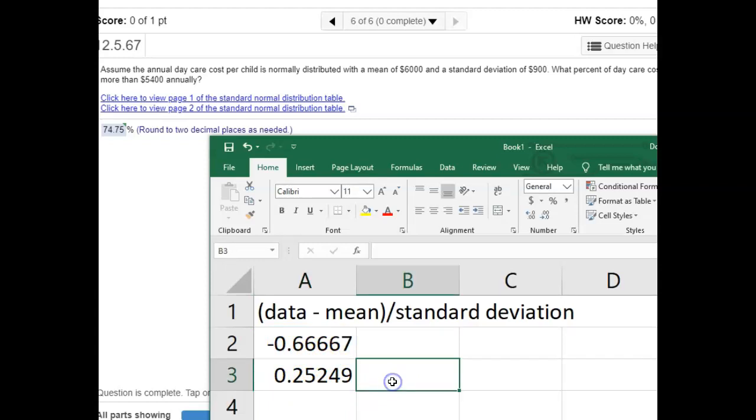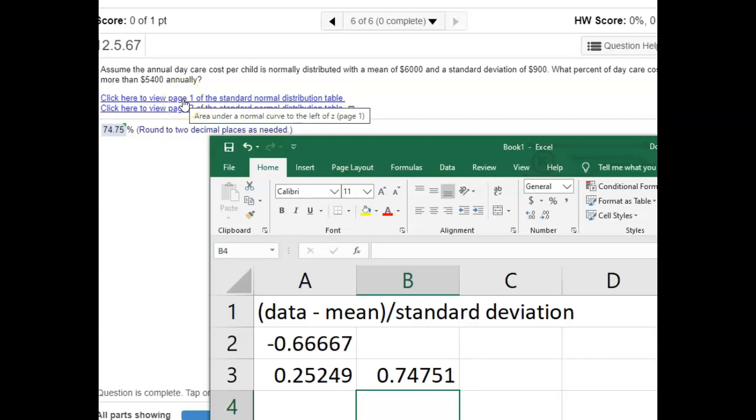So if this percentage is less than it, then 100% minus that, 1 minus that decimal, would be the percent of data that is greater than or larger than that given z-score. So as a percentage, slide it 2 spots to the right, that's 74.75% of data is larger than this data value. Or in terms of this problem, 74.75% of daycare costs are more than this annually.